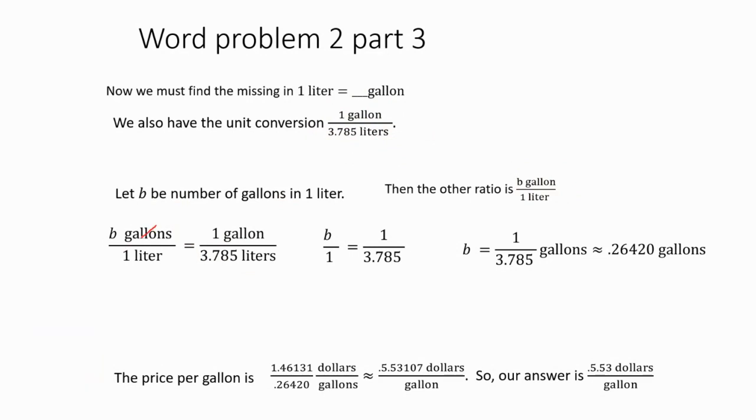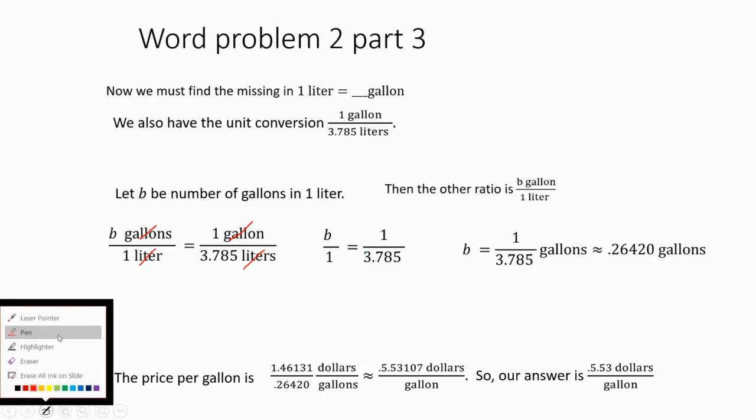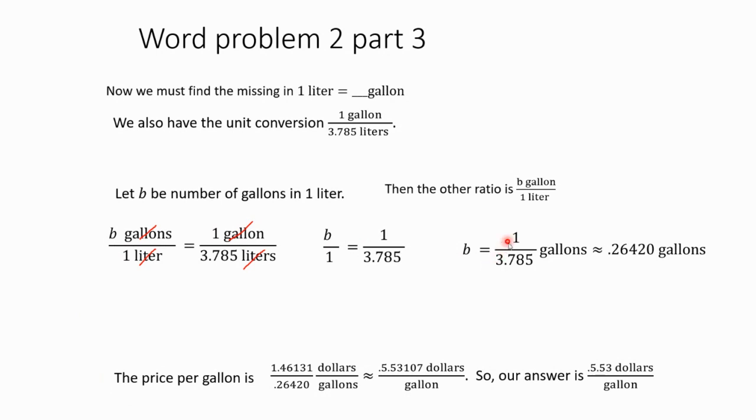We cancel units. And we get this proportion here. Now, B over 1 is just the same as B, so you really don't have to cross multiply. Basically, you're done with this part. You get B is equal to 1 over 3.785 gallons, which is about this in your calculator.